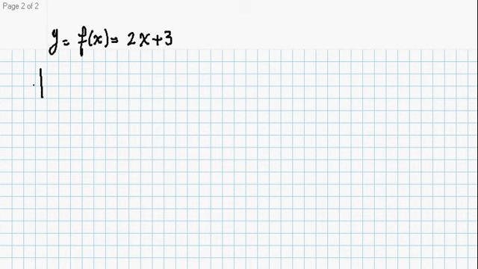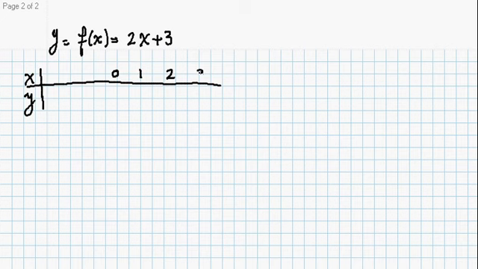I can make a table for it. In this table I'll have a row for x's and another row for y's. I can choose for my x's simple numbers 0, 1, 2, 3, minus 1 and so on. For y I'm going to find 3 when x is 0. When x is 1 this will be 5, then 7 and 9. For minus 1 I'll have just 1.